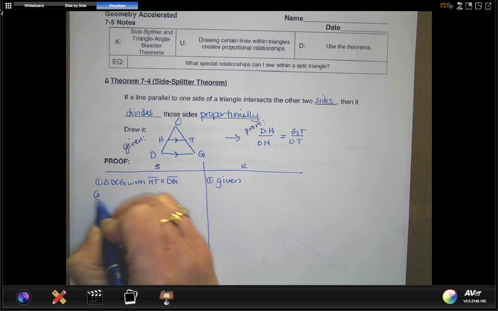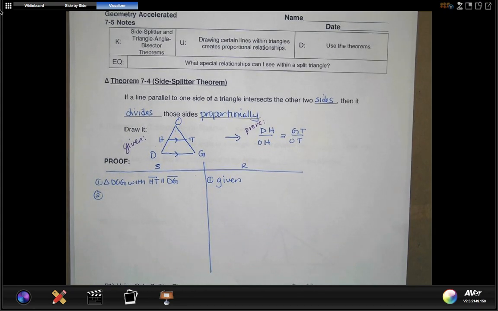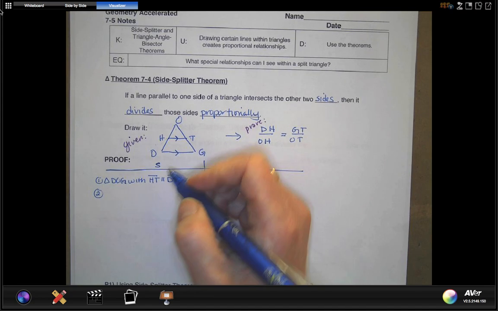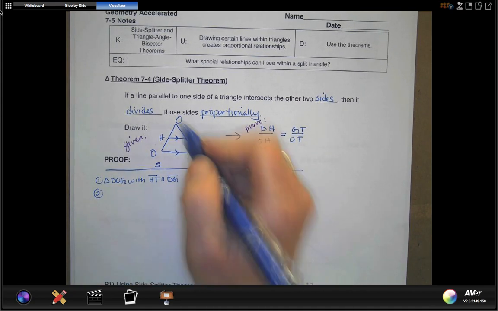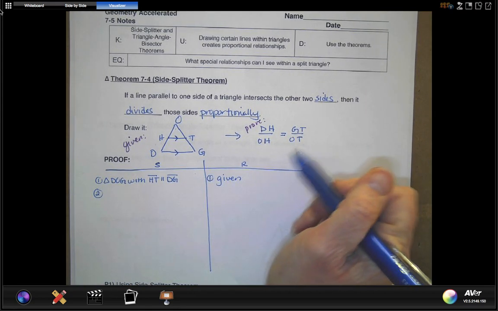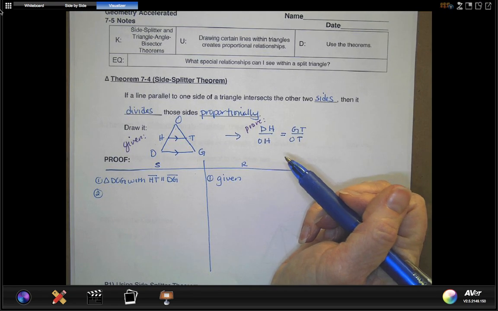Okay, so if they're parallel, then obviously if the sides are proportional, it would help if I could show the triangles are similar.